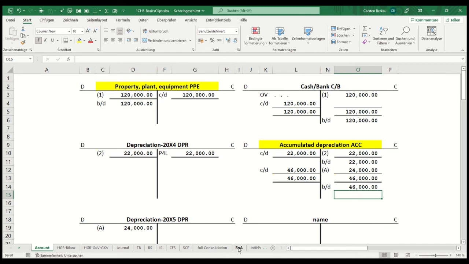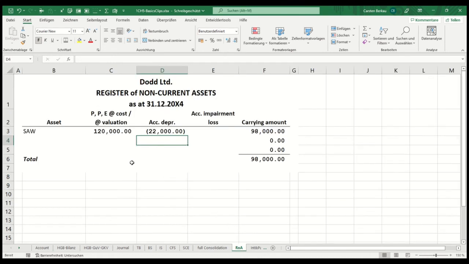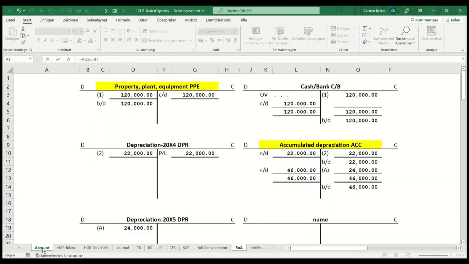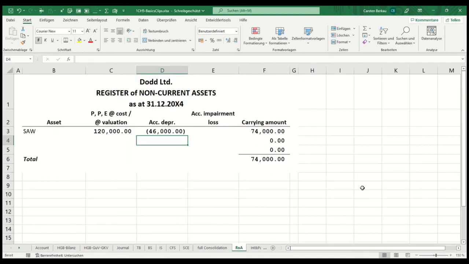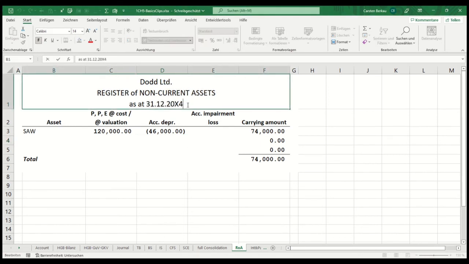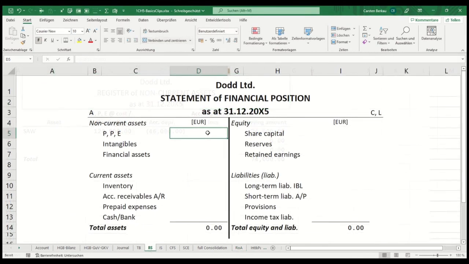I adjust the register of the non-current assets. I replace accumulated depreciation by the negative value of the balancing figure in the accumulated depreciation account. Now we see the carrying amount is 74,000. I have to change the accounting period, now it is 2005. If I want to prepare the item property, plant and equipment on the balance sheet, I get two options.